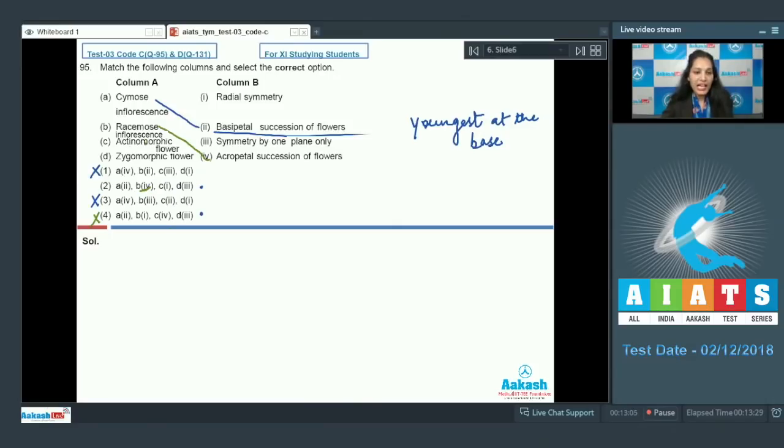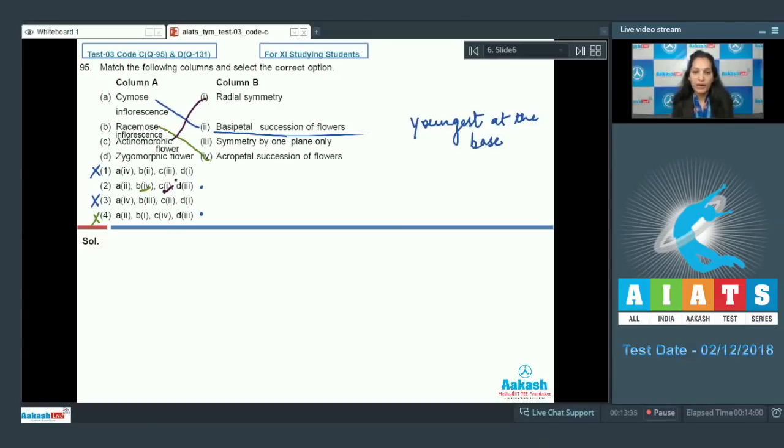C is actinomorphic flower. Actinomorphic flowers show radial symmetry in which a flower can be divided into two equal halves in any radial plane. So C goes with first, yes, and D zygomorphic flower. In case of zygomorphic flower, a flower can be divided into two equal halves by one plane only.